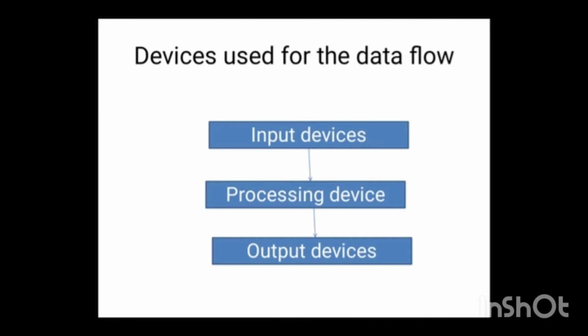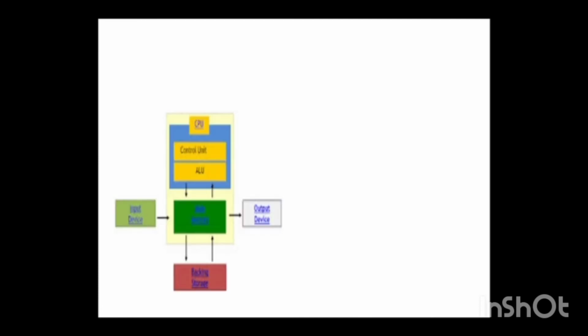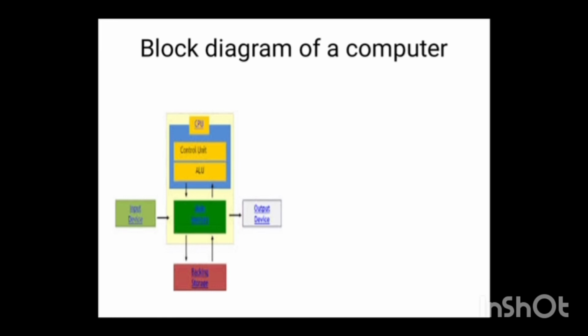Okay. Now, how the data flows and the devices used for the data. The devices which are used for inputting data are input devices, and the device which is used to process is the processing device, and the device which is used to produce the results or processed data is known as output device. Okay. Now let us see how this data flows in a block diagram.